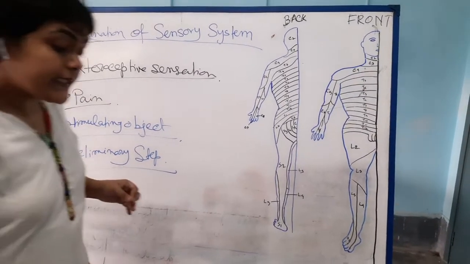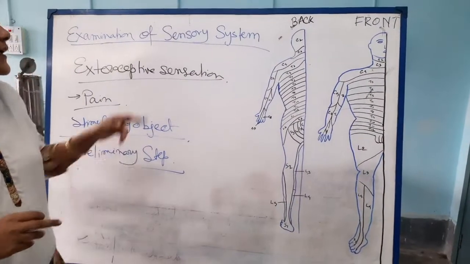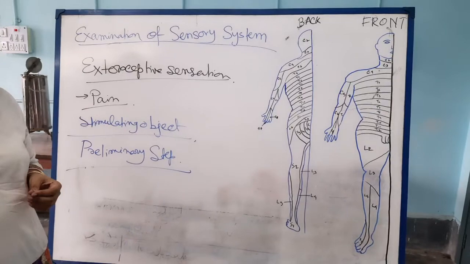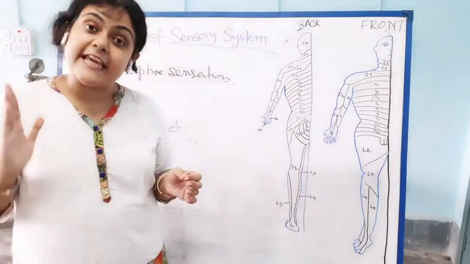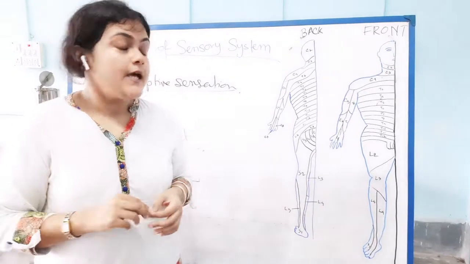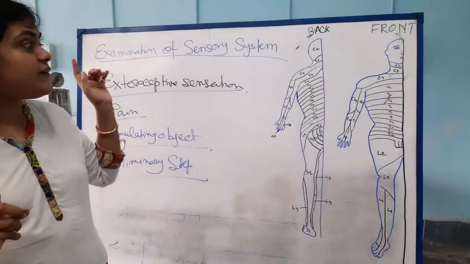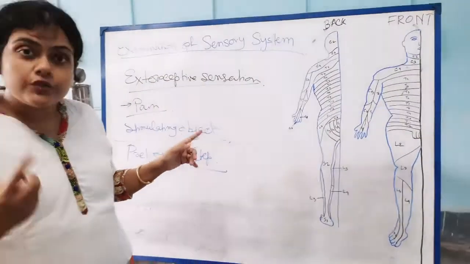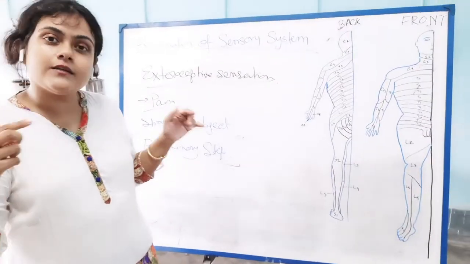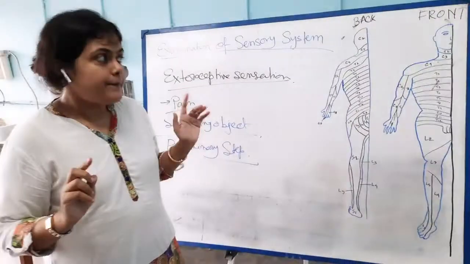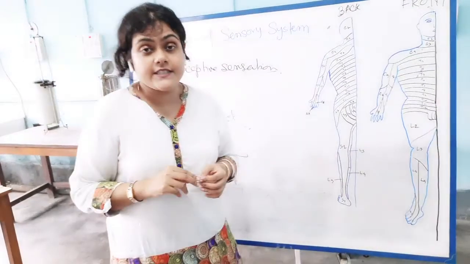In our routine clinical practice, we should start the sensory system examination with a particular dermatome which is expected to be normal from the history already elicited. But in our pre-clinics, that means in our physiology exam, we should ask our examiner to mention a dermatome for us, because there are two advantages in it.